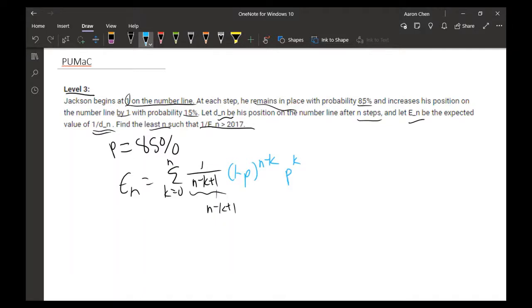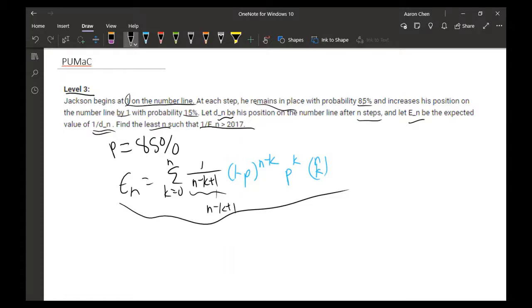Finally, the number of ways to order the stepping forward and staying in place: there are n different times where he chooses to move or not, with k where he stays and n minus k where he moves forward, so it's n choose k.